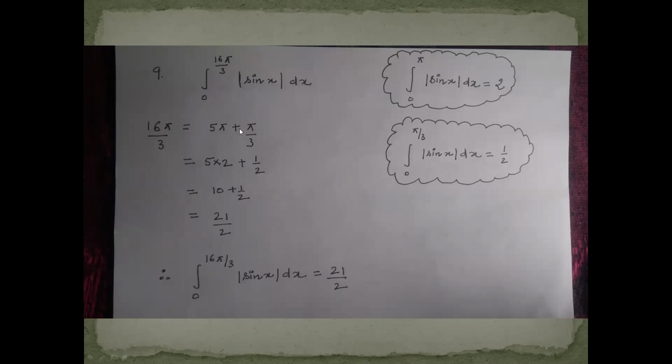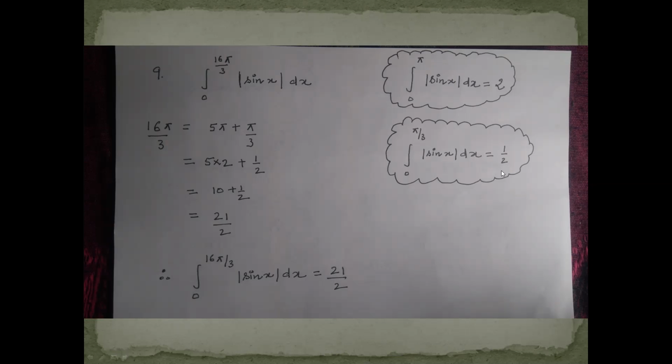Again we put sine pi by 3, this is 1 upon 2. So 5 pi plus pi by 3 means 5 into 2 plus 1 upon 2. So this is equal to 10 plus 1 upon 2, 21 upon 2 is the last result.